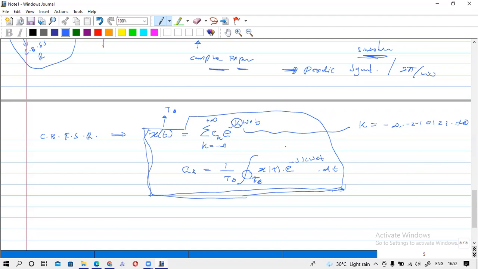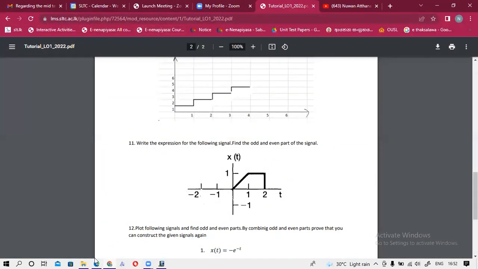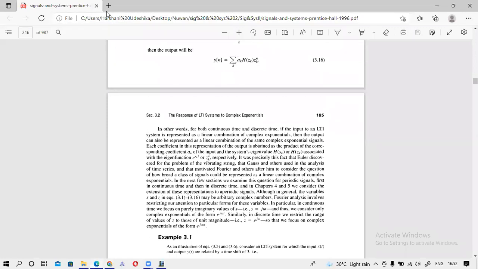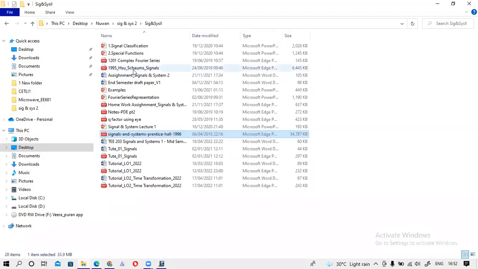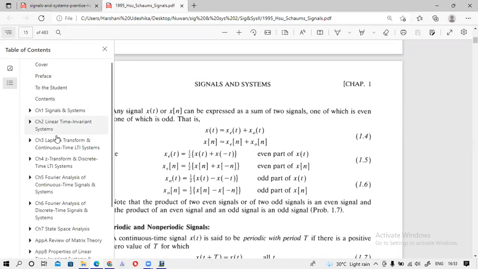Let's see our textbook also. So you can see that chapter 5 is Fourier analysis of continuous time systems.